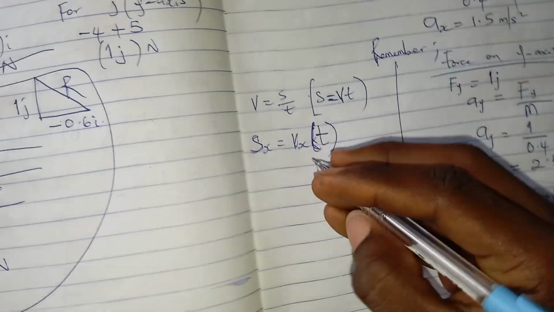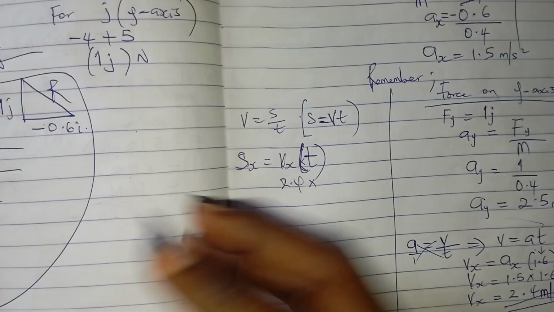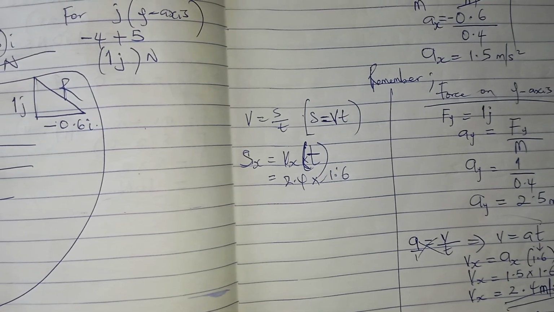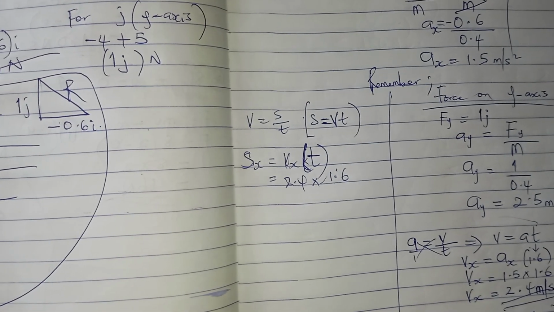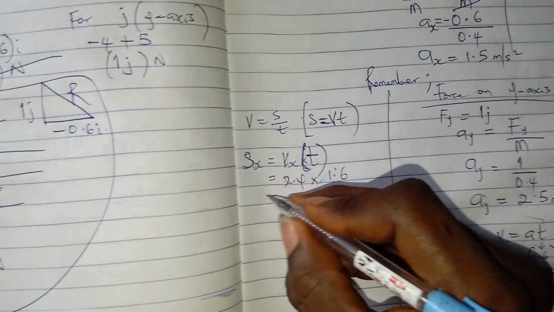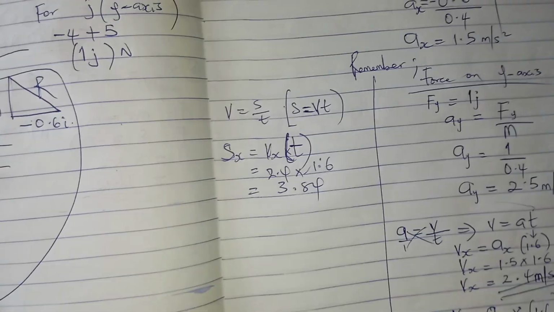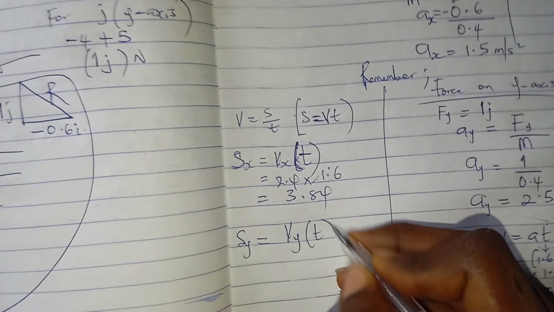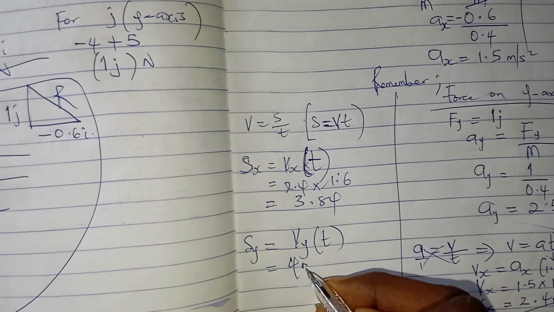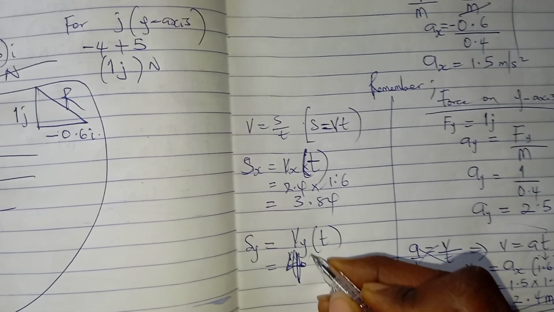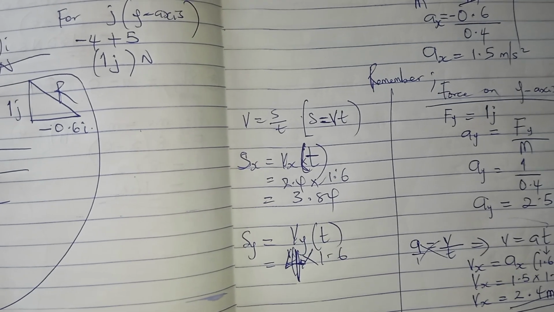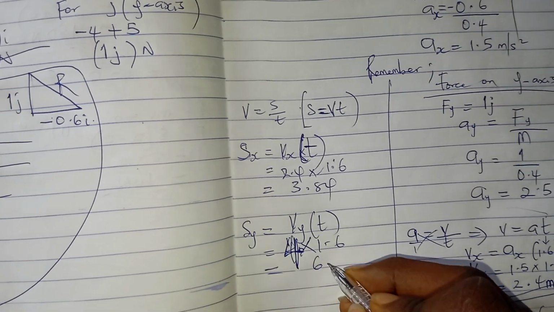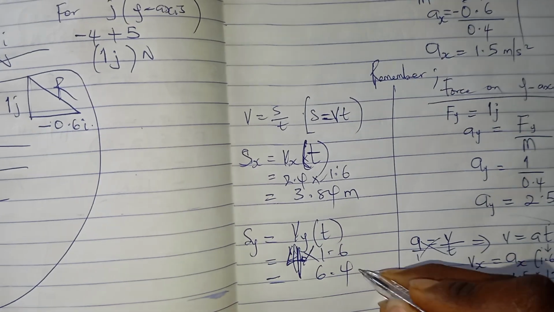Vx is 2.4 times 1.6, so 2.4 times 1.6 is equal to 3.84. So Sy is equal to Vy times t, which is 4 times 1.6, and this is in meters.